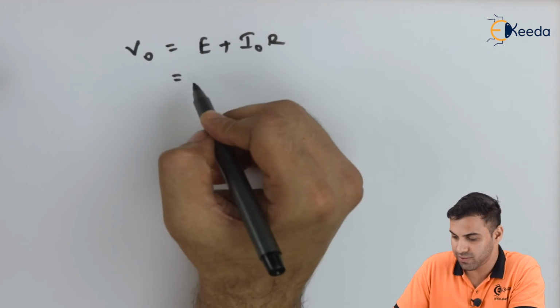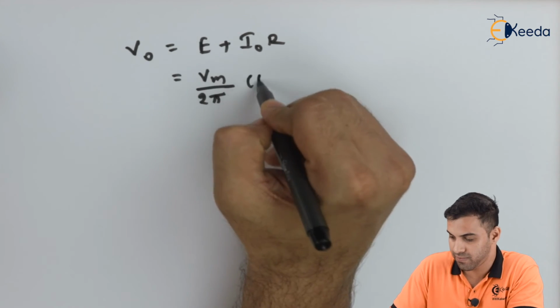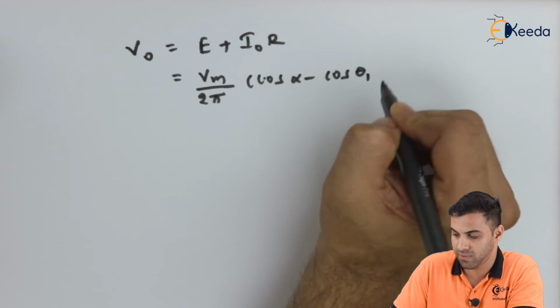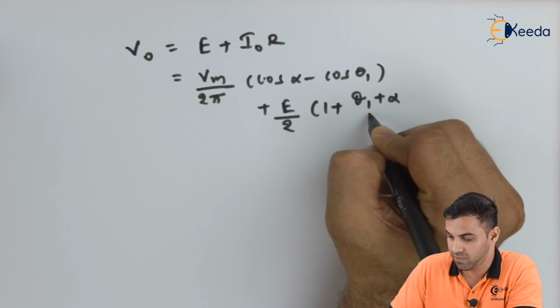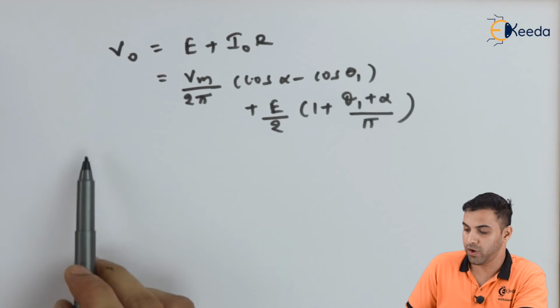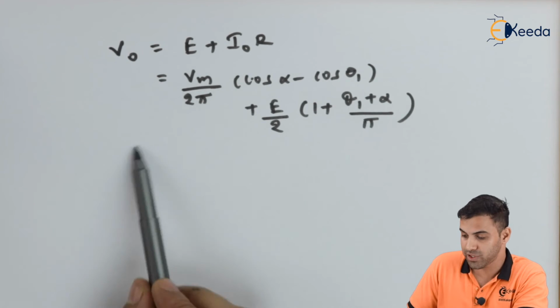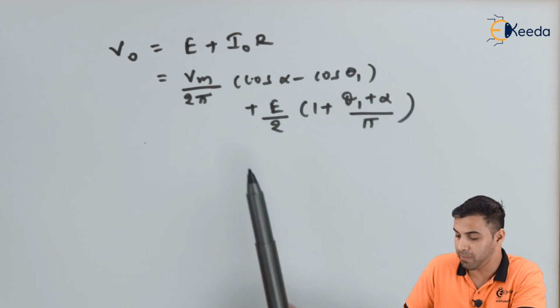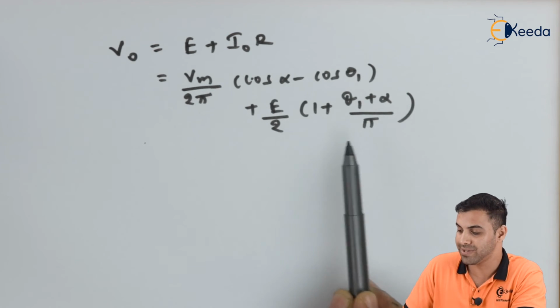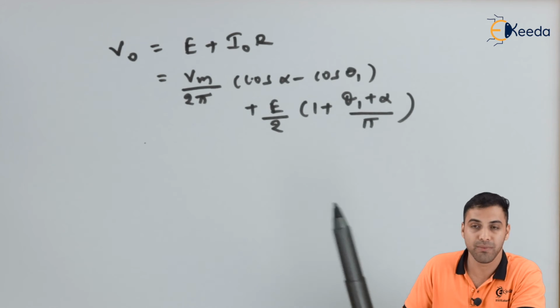This is equal to Vm by 2 pi into cos alpha minus cos theta 1 plus E by 2 into 1 plus theta 1 plus alpha divided by pi.